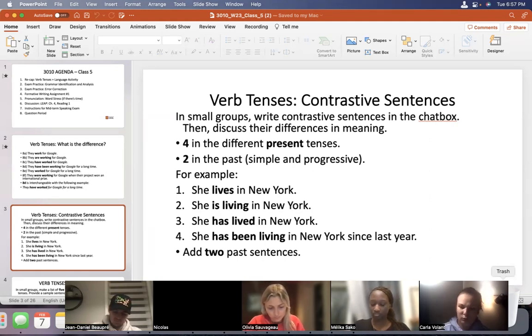Now, Malika, you're my victim, okay? If I say I lived in Ottawa 2 years ago, how would you put that in the negative? I didn't live in Ottawa 2 years ago. Excellent.